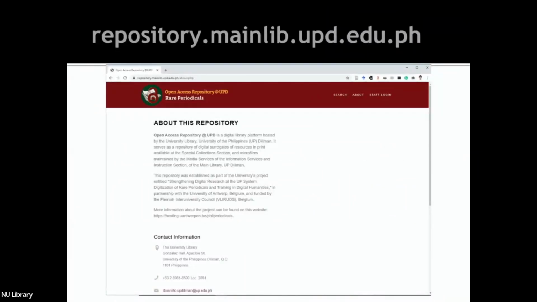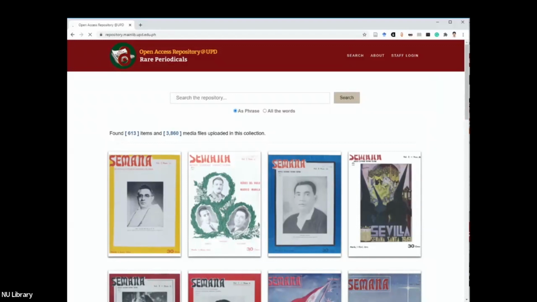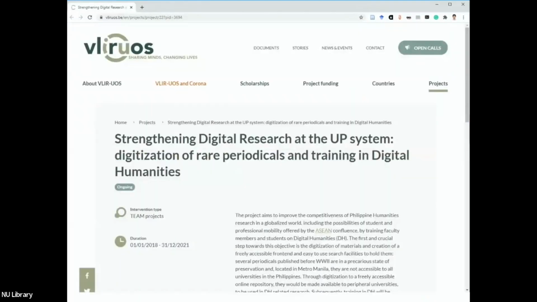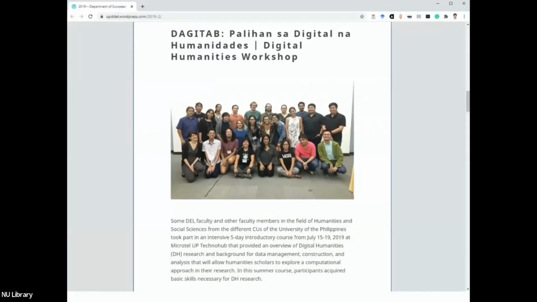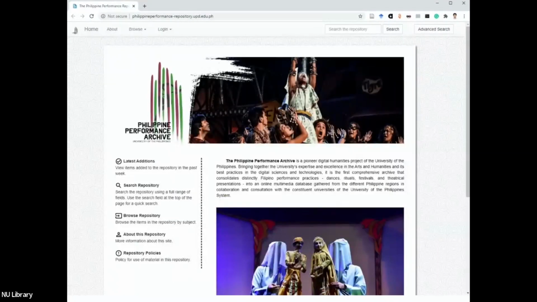They also have a version for rare periodicals, repository.mainlive.upd.edu.ph, where you can find some rare periodicals even from the 1940s and 1920s. Also, they have a collaboration with a Flemish university, VLIR-UOS, funding their digital humanities. This is a collaboration between mathematics, humanities, librarians, IT teachers, and professionals.